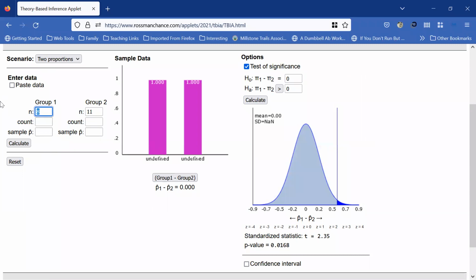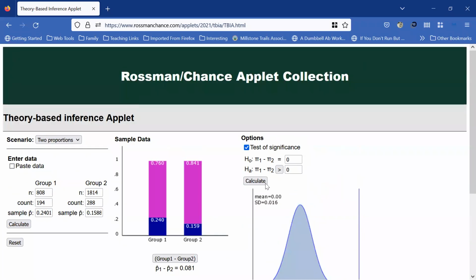So there were 808 people, and 194 of them had moved back home. And back in 2000, there were 1814 people, and 288 of them moved back home. We are saying that 2012 is greater than 2000, so it is a right tail test.